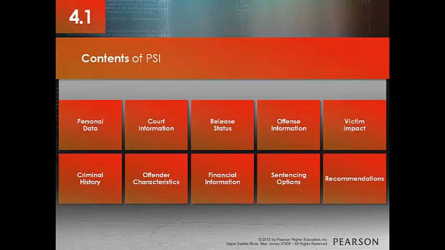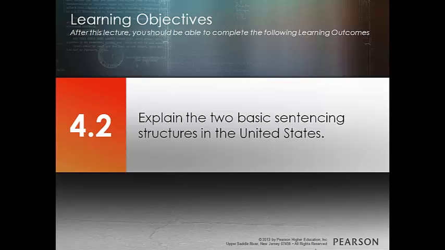That's a lot. Despite its importance in the process, the use of the PSI at sentencing for felony crimes has declined in many states due to funding cuts and the increased use of determinate sentencing. The two basic sentencing structures in the United States, indeterminate sentencing and determinate sentencing, are what we're going to talk about next.